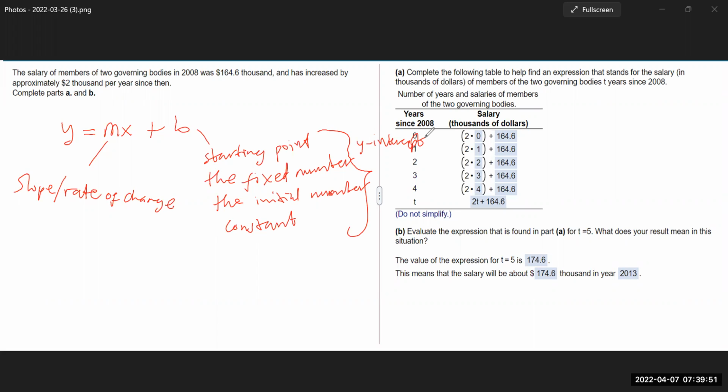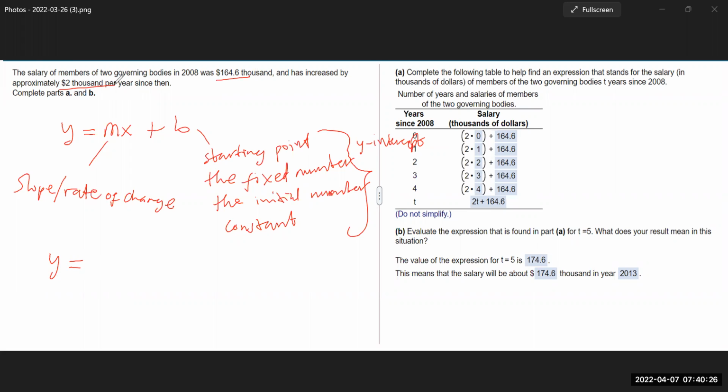So the salary of members of two governing bodies in 2008 was 164.6 thousand and has increased by 2,000 per year since then. So we are going to write y. Now, what is the rate of change? What has been changing? Of the numbers given in the problem, which of these two has been changing?